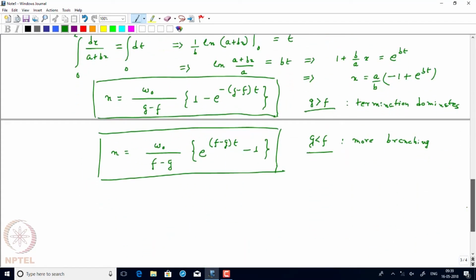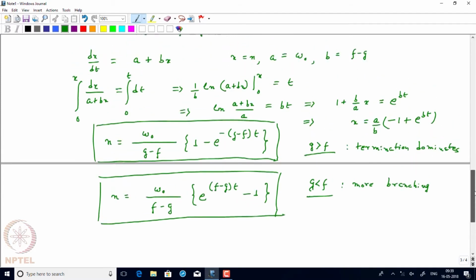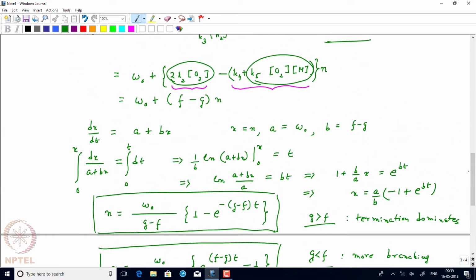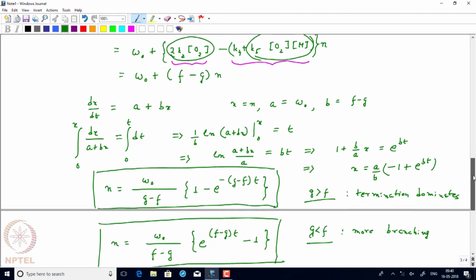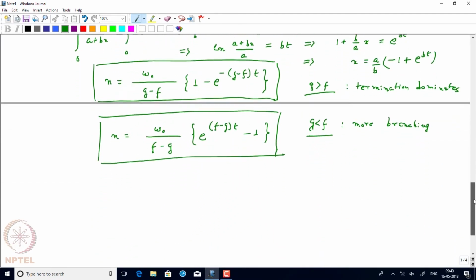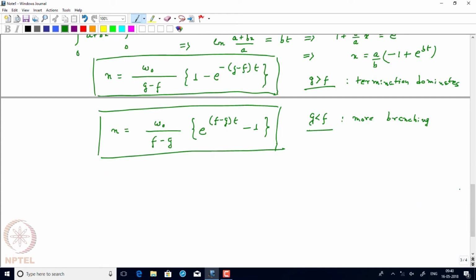So we'll have a competition between whether it is terminating or whether it is branching. Also, which is important to note here, it will depend on the pressure of the oxygen also.